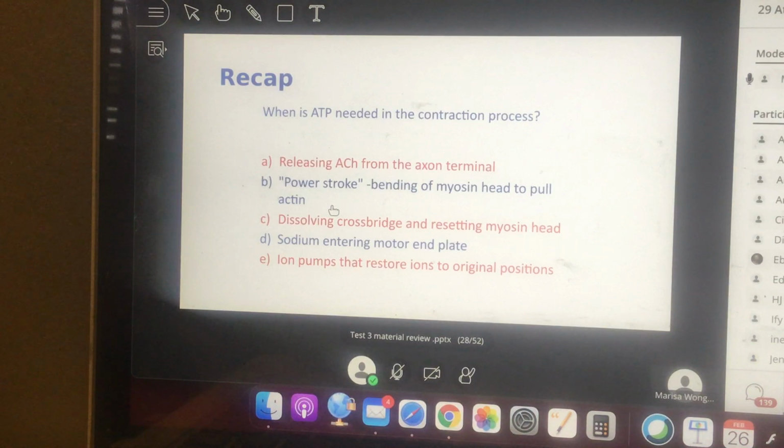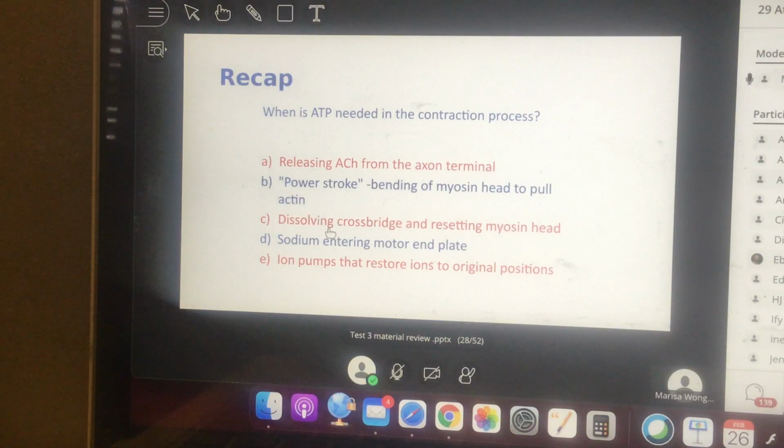And to think about this, you have to change how you think about myosin. You can't really think about it as like a little arm that grabs onto actin and then pulls it. You have to think about it more as like a catapult or like a slingshot, okay? Because all of the energy into setting up that myosin goes into this step.